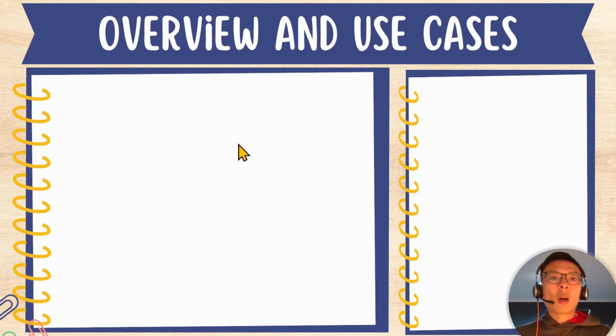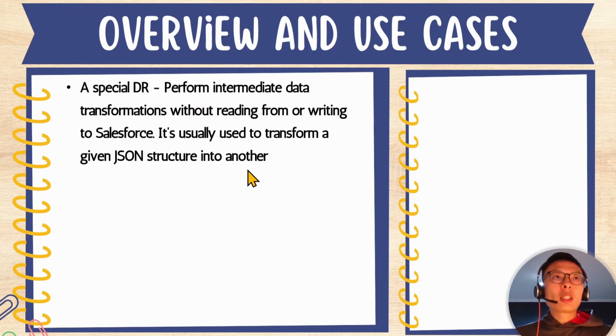Let's quickly look at what a DataRaptor Transform is and its use cases. So DataRaptor Transform is a special DataRaptor. It's unique in a way that it doesn't retrieve data from Salesforce or write data back into Salesforce. Its sole purpose is data transformation. It's usually used to transform a given JSON structure into another.